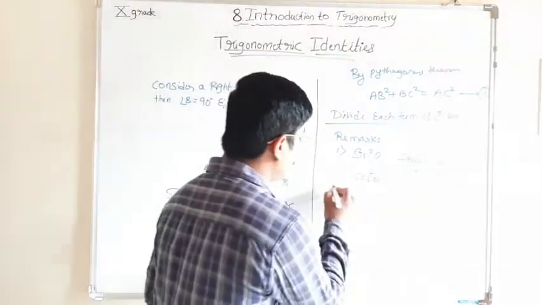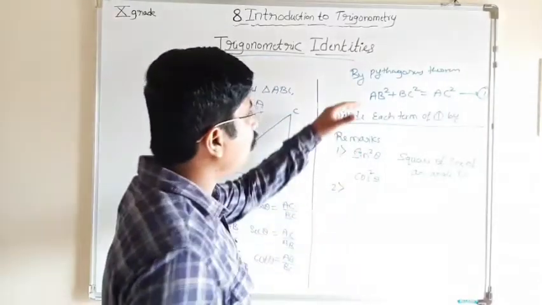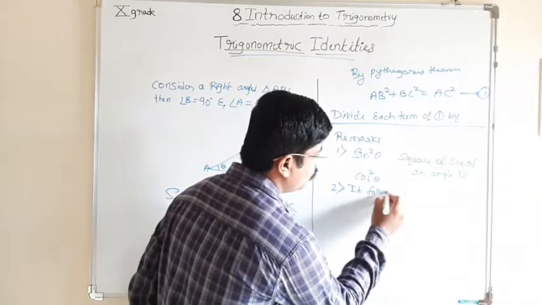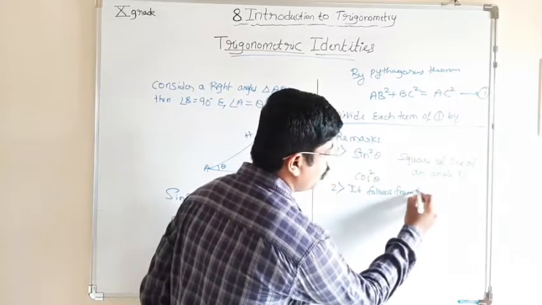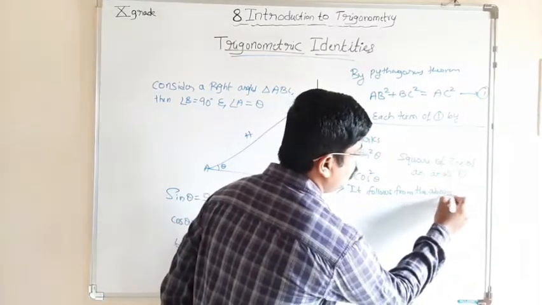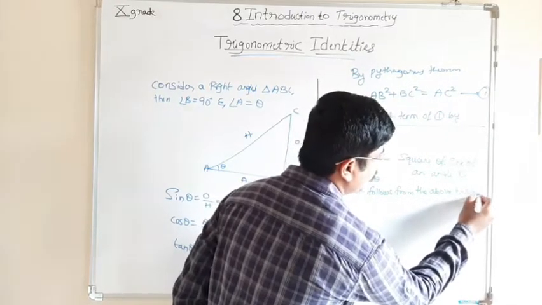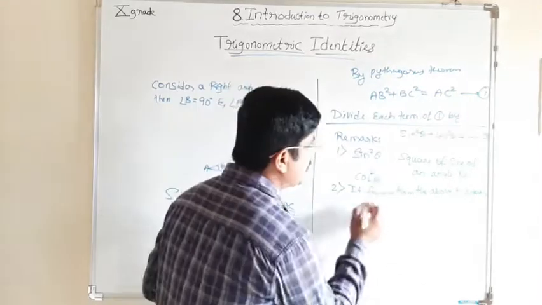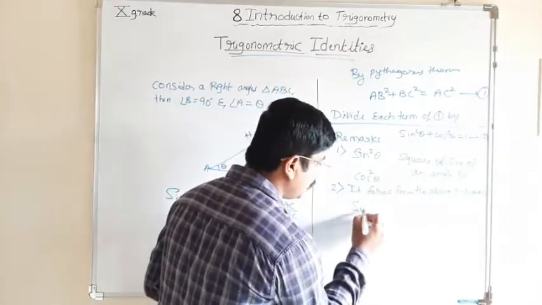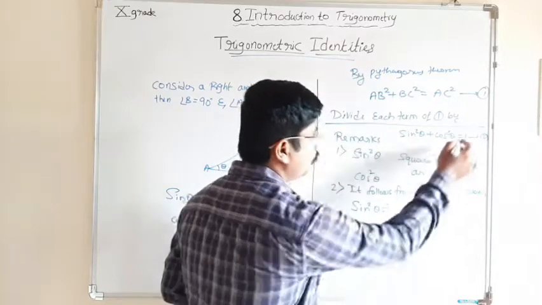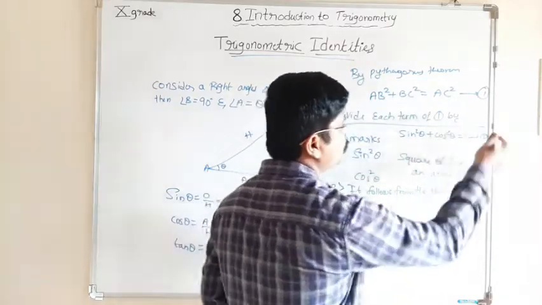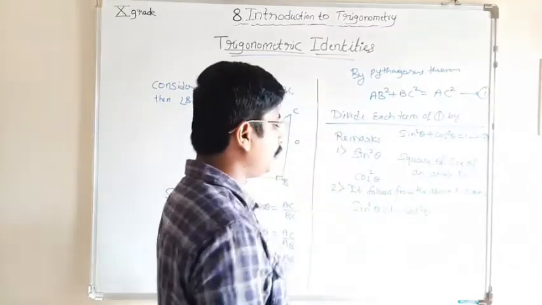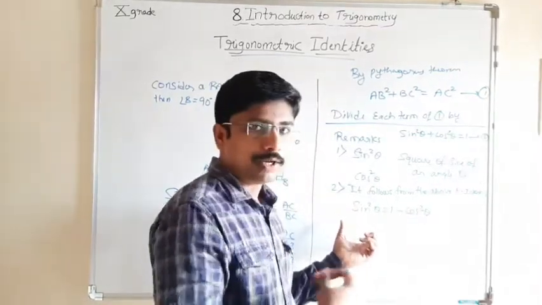Understood? Yes, second remark. It follows from the above trigonometric identity. See here, sin square theta plus cos square theta is equals to 1. If you transpose cos square theta that side, it will become minus cos square theta. You can use it while solving examples.